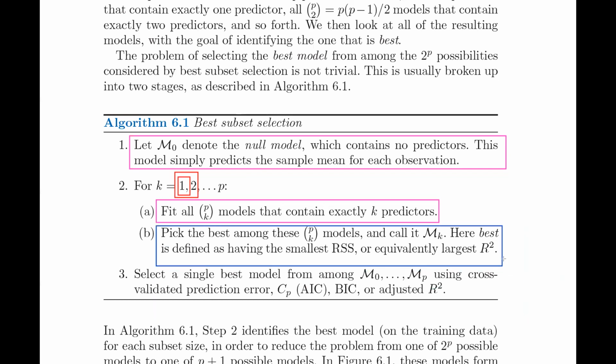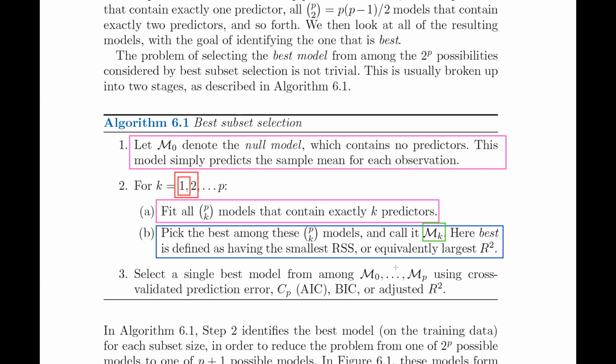And this is step B. And we're measuring the best based on the smallest residual sum of squares. And the best model is assigned the label MK.